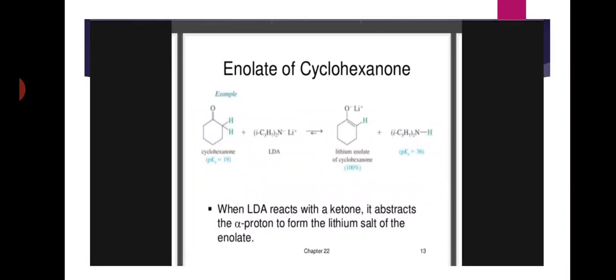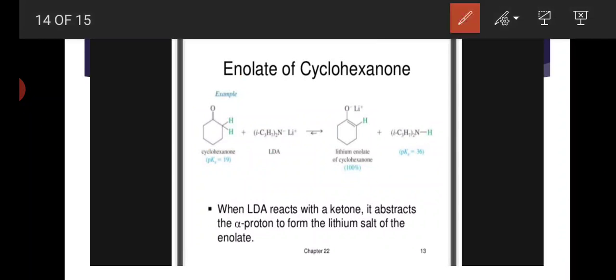Next is the enolate of cyclohexanone. This is cyclohexanone reacting with LDA, lithium diisopropylamide, to form the lithium enolate of cyclohexanone plus this compound. What is this? Diisopropylamine.